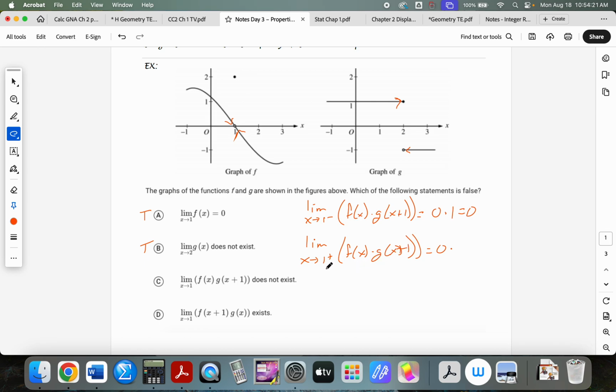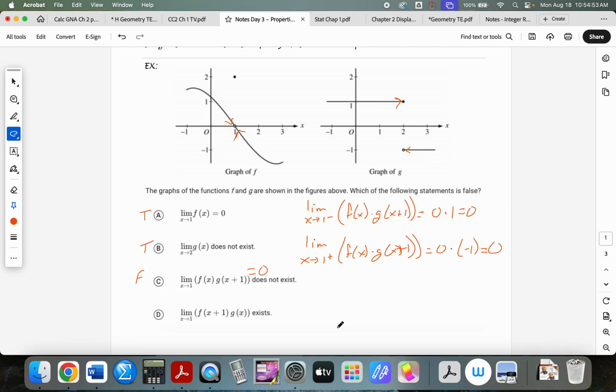As x approaches 1 from the right of g of x plus 1, well, that's going to be close to 2. That approaches negative 1. What is that? 0. Also 0. This is false. This equals 0. So this is the false one.